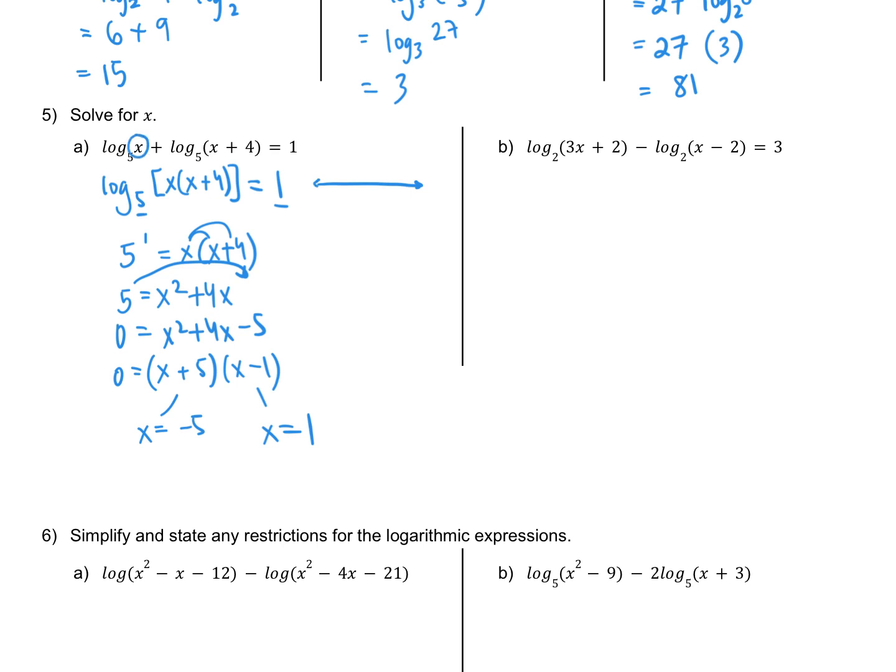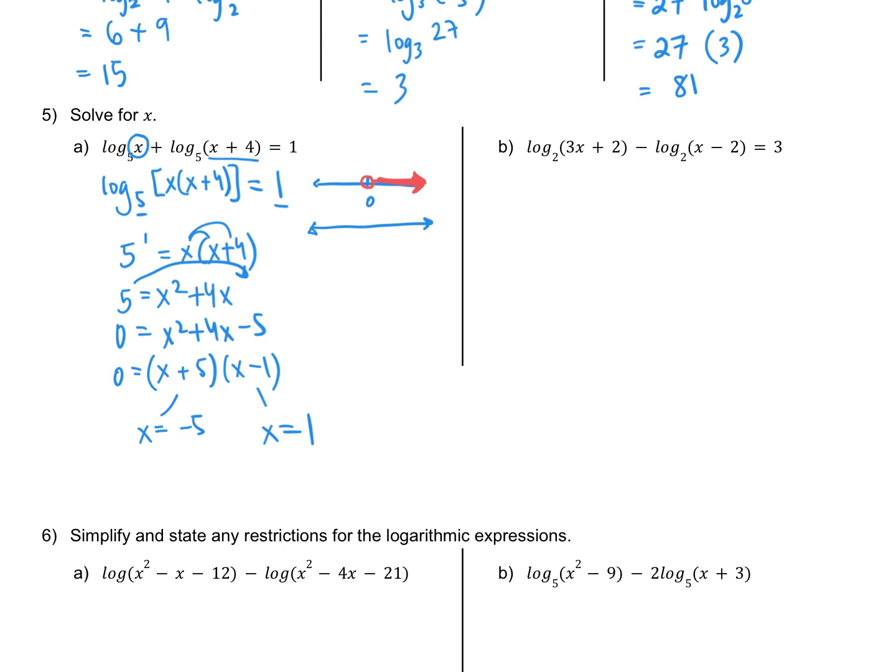And for this one here, as long as x is greater than 0, then you're good. You'll have positive numbers to take the log of. But for the other one, we have x plus 4.